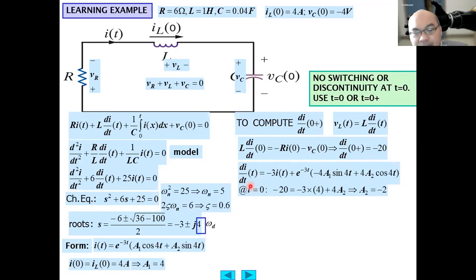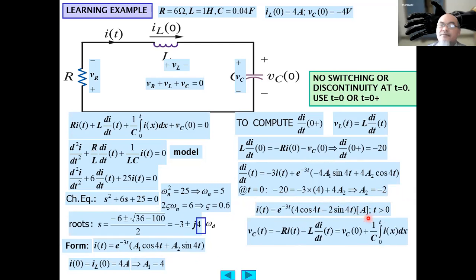This equals minus 20 at t equals 0. So minus 20 equals minus 3 times 4 plus, exponent 0 is 1, this is 0, and plus 4 A2. From here, we obtain the value of A2 to be minus 2. The general equation then becomes i(t) equals exponent minus 3t times 4 cosine 4t plus minus 2 sine 4t ampere, for t larger than 0.